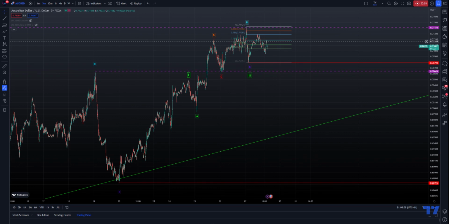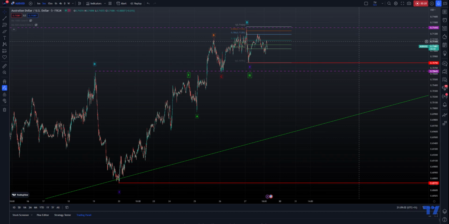So I've decided to label the smaller degree moves because it seems we're looking at a fairly decent move to the upside. The euro chart has also become a bit clearer, and I always have to reflect it back on the current price action of the Aussie dollar as of late.